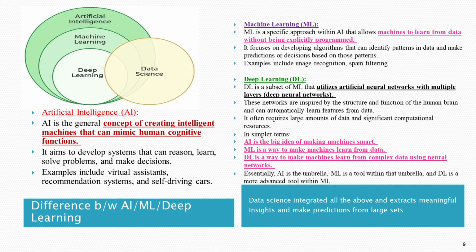Now there is a new term called data science. What is the function of data science? We are receiving a huge amount of data, and it is not possible for humans to process it.